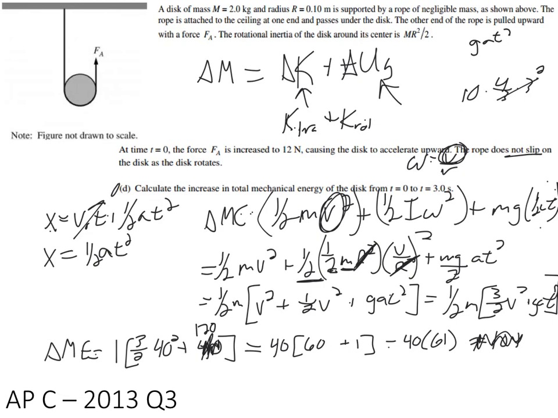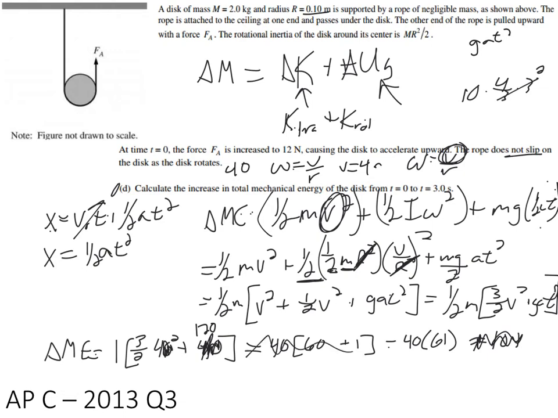And the other mistake that I made was that I did v squared, but I pulled back my old omega. So I have to figure out what the v is. My omega was 40 times 0.1, so that's 4. So this should be times 4 squared.